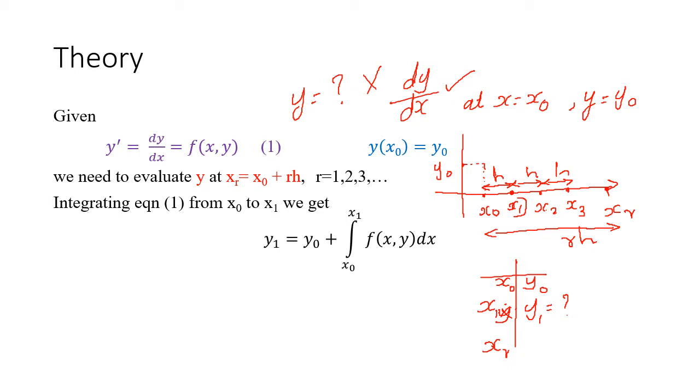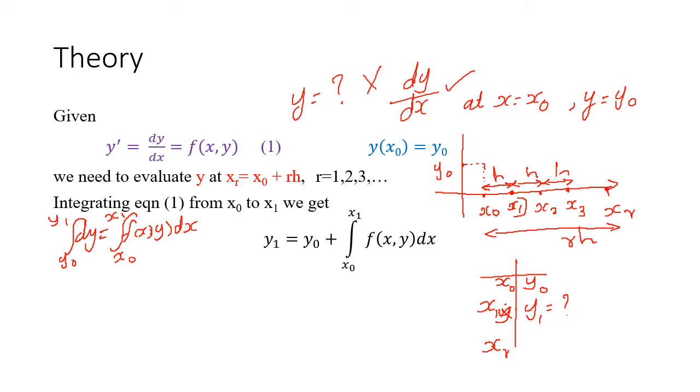From equation 1 I can write the integral of dy equals the integral of f of x, y dx, where y changes from y0 to y1 and x changes from x0 to x1.